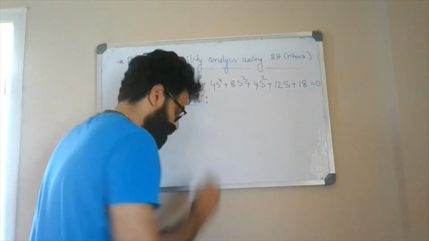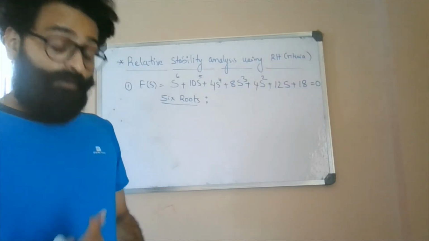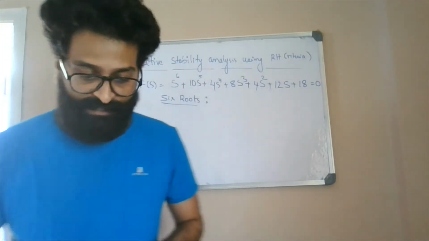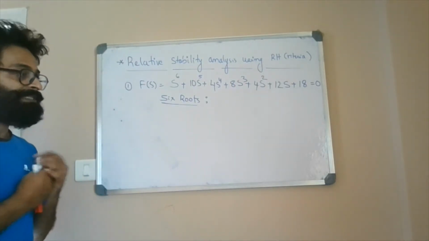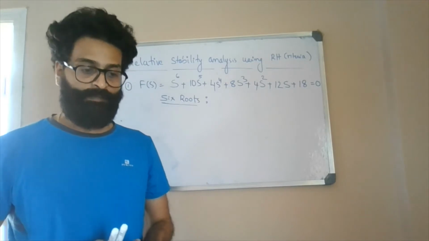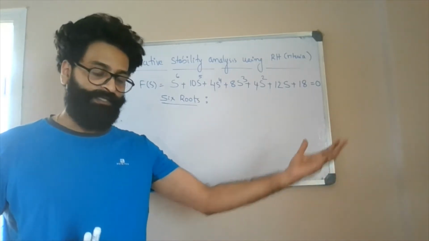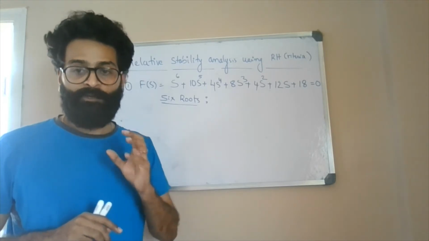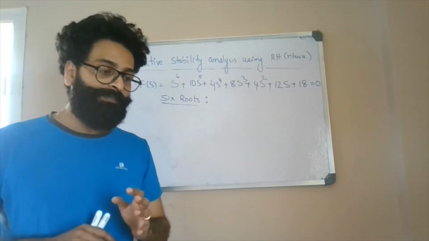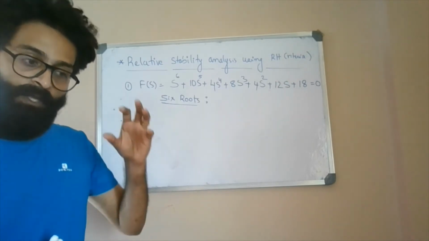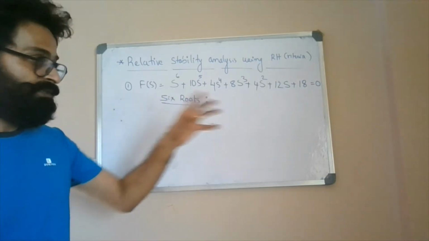There are 6 roots. Now, one of the drawbacks of Routh-Hurwitz criteria is that it just tells about the presence of closed loop poles on the RHS of the S-plane, or how many there are in the LHS of the S-plane. So only you will come to know about the root count. You will not be able to know the exact locations, or where exactly those 6 roots are placed.